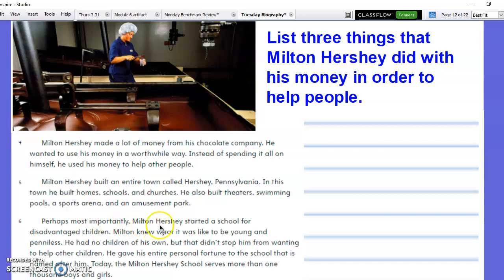Perhaps most importantly, Milton Hershey started a school for disadvantaged children. Milton knew what it was like to be young and penniless. He had no children of his own, but that didn't stop him from wanting to help other children. He gave his entire personal fortune to the school that is named after him. Today, the Milton Hershey School serves more than 1,000 boys and girls.